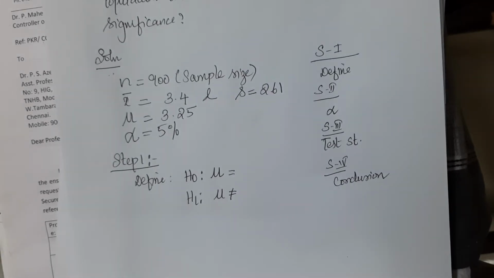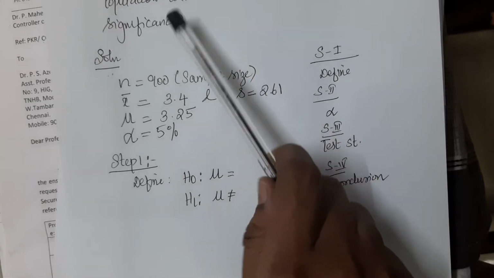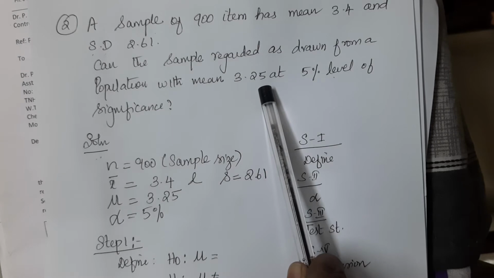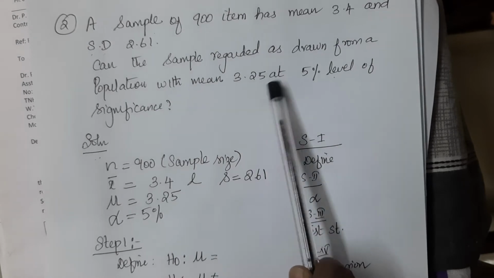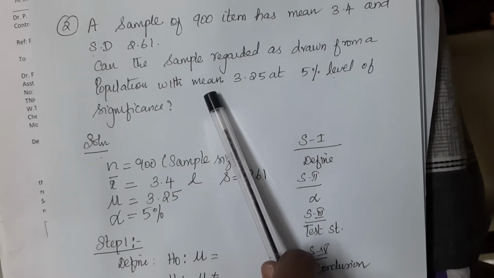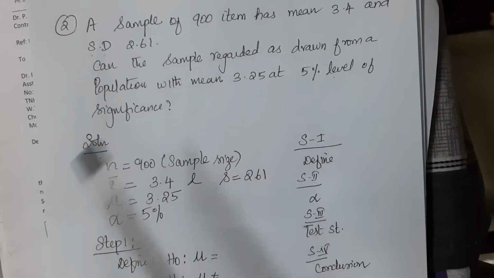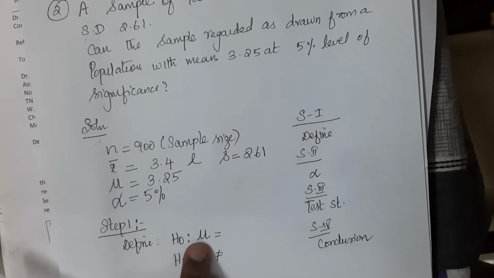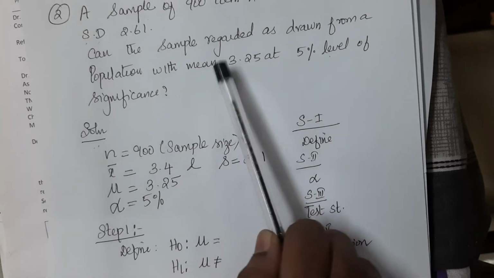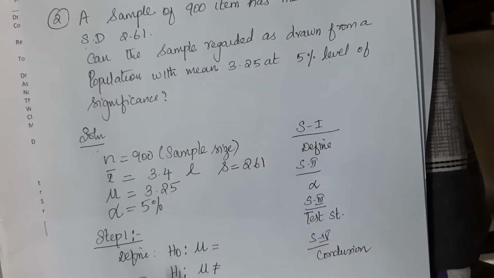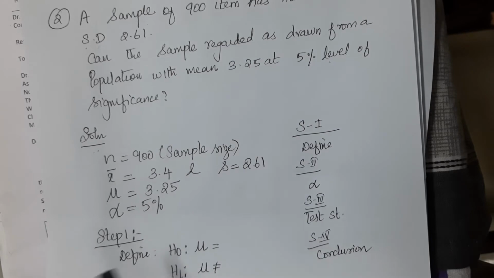We are going to test whether the given population mean is going to be accepted or rejected. Assuming the given population mean to be true, we call it the null hypothesis. So we state H naught as mu equal to. We assume the given claim in the problem is true, and that is expressed in the form of the null hypothesis.